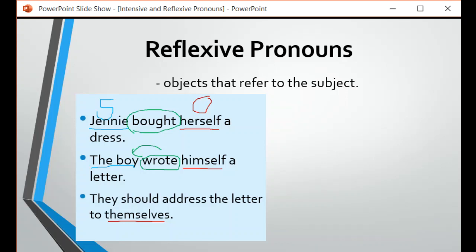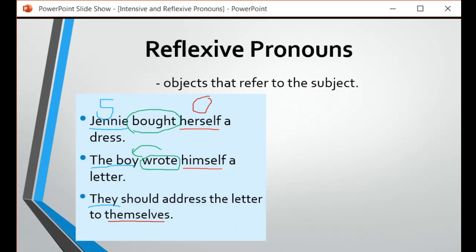Kasi meron kang subject na they. So, yung they, ito yung kapareho o nire-represent nung themselves. So, sino ang gumawa ng action? Yung they. Para kanino yung ginawang action? Sa themselves. Yung themselves at yung they, pareho lang yung tinutukoy nila.